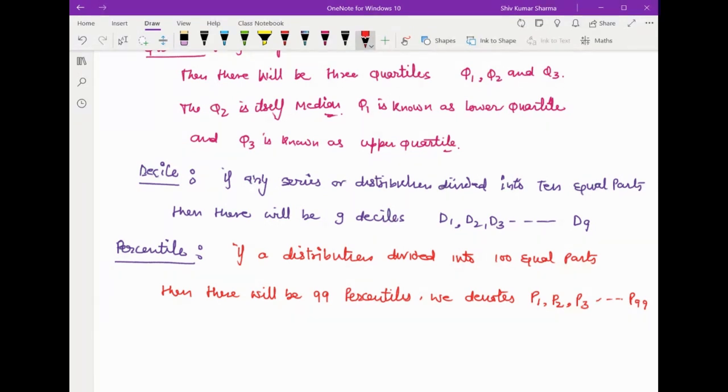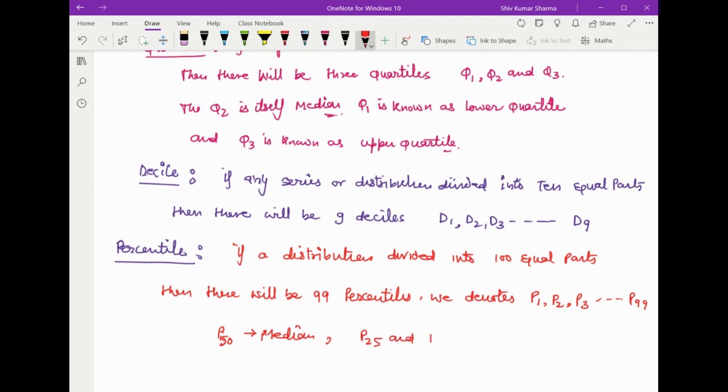P50, the 50th percentile, is the median.